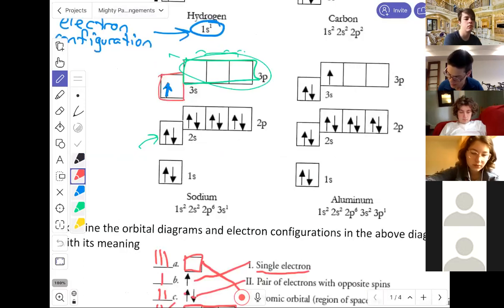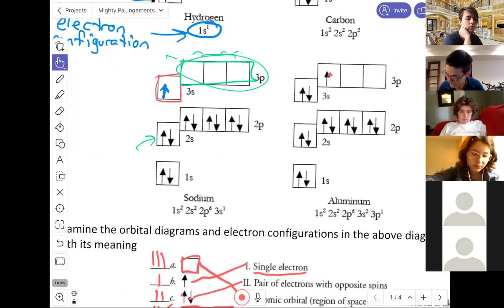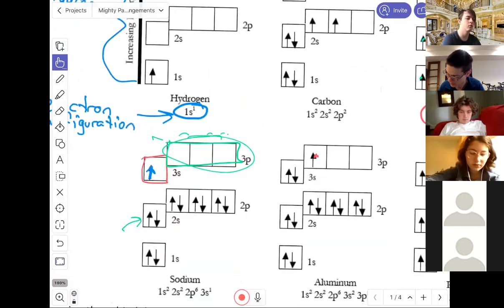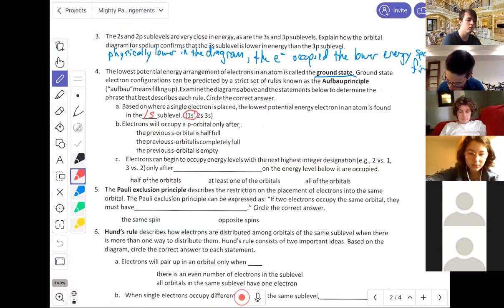You can only go up to p when you see what in your s? Does it have to be totally full, half full, or empty? Totally full. So it has to be completely filled. You have to fill up before you move on.